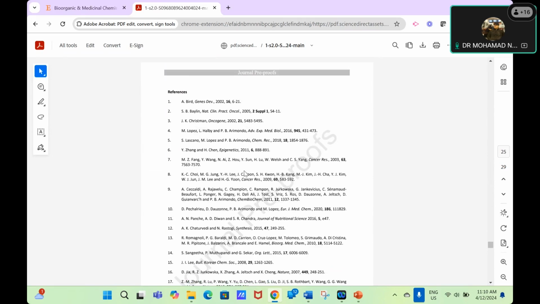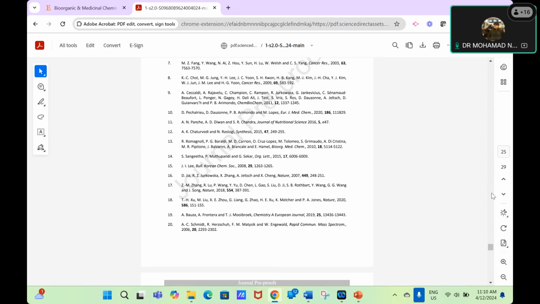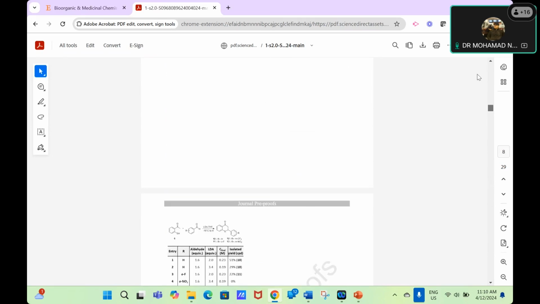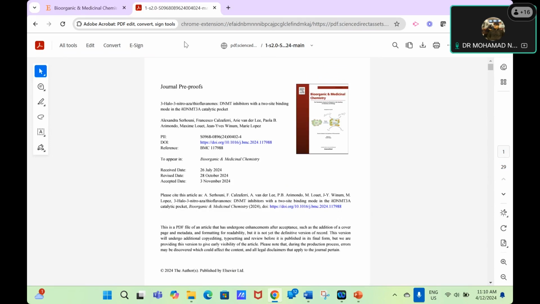In some references, there isn't any title of the article. They have only the list of authors, abbreviation of the journal, year, volume, and pages. This is only for Bioorganic and Medicinal Chemistry, but you have to check against the publication that you need to submit to. This is the easiest way that you can use.